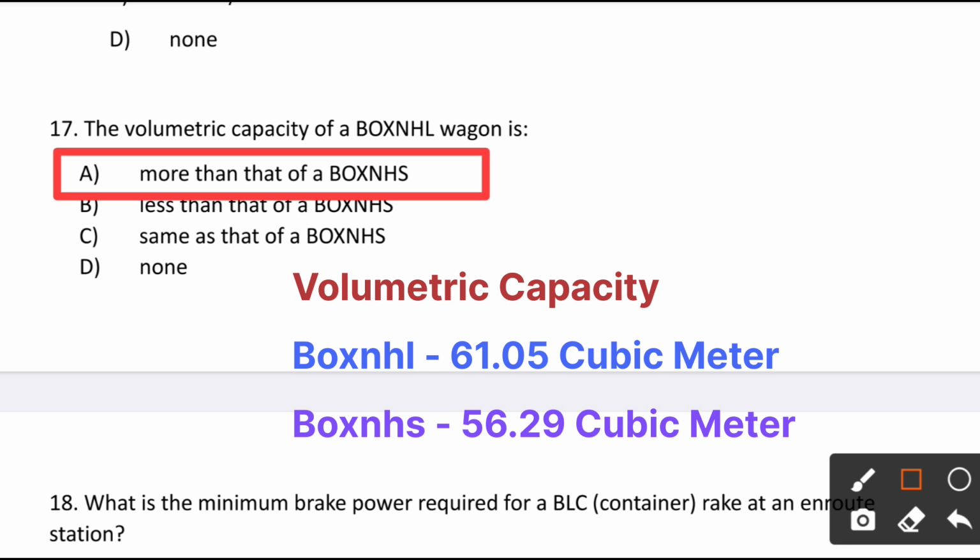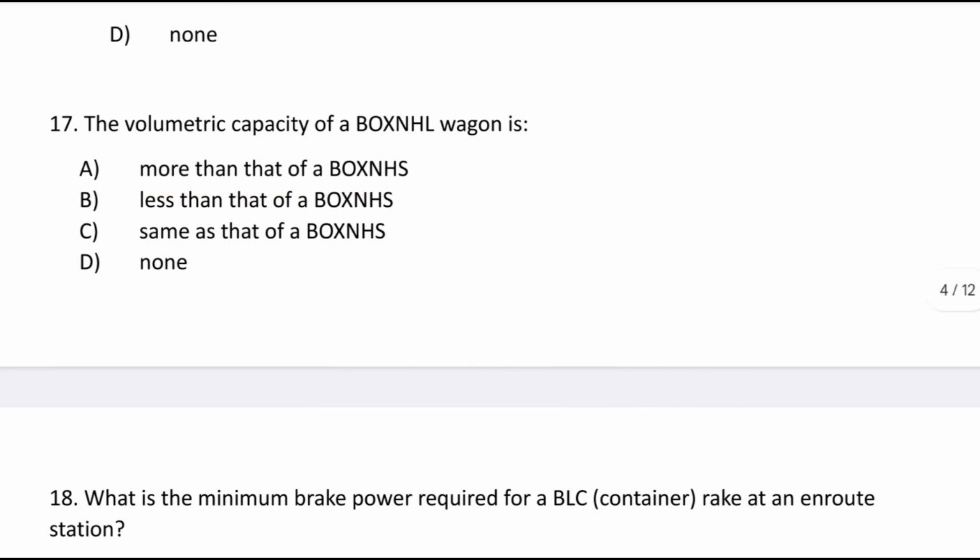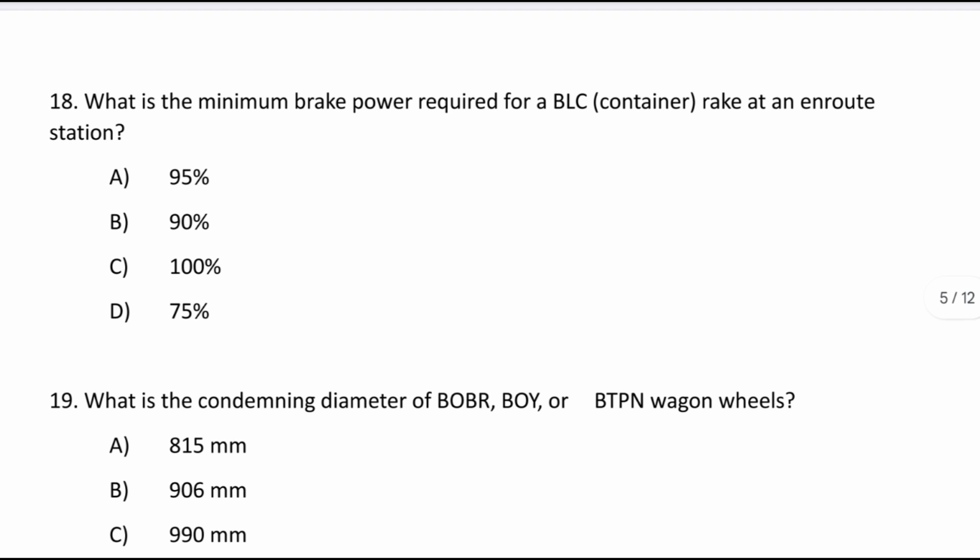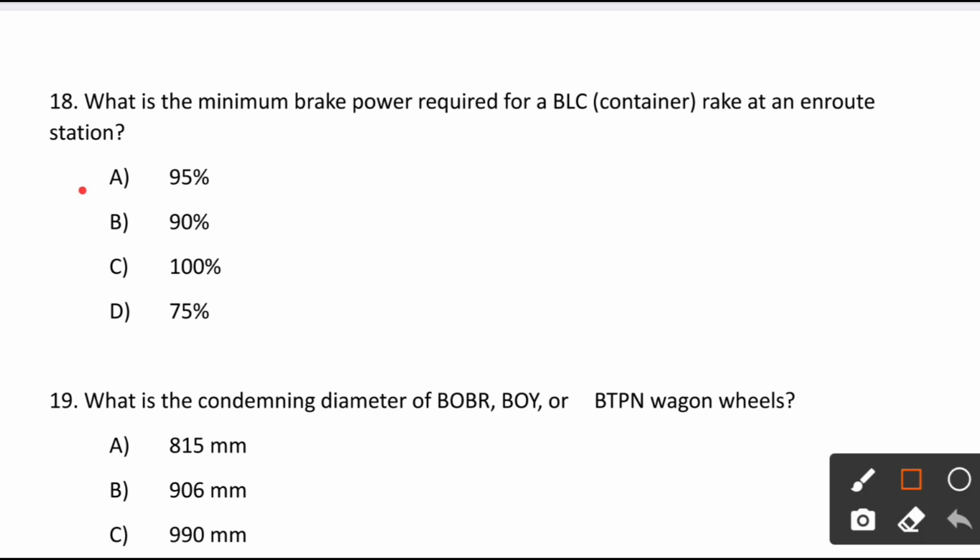18. What is the minimum brake power required for BLC container rake at an en route station? A. 95%, B. 90%, C. 100%, D. 75%. In this question, the correct answer is B. 90%. 19.